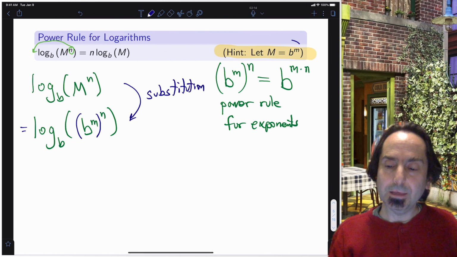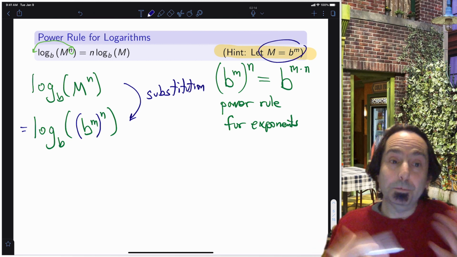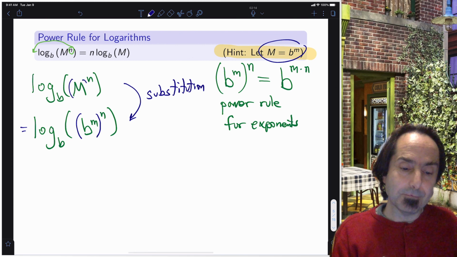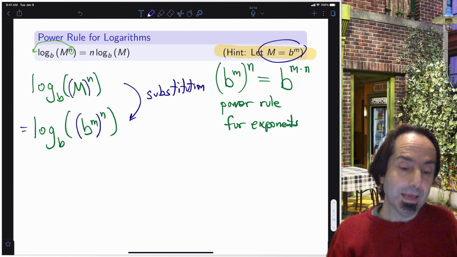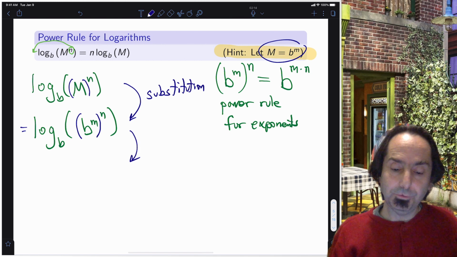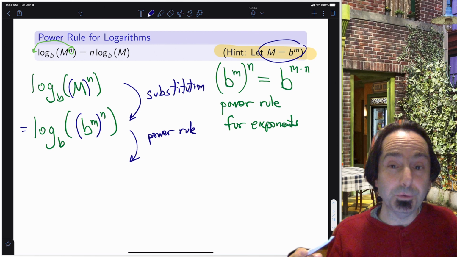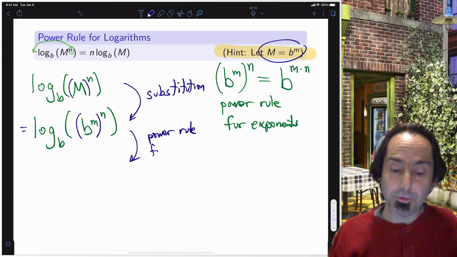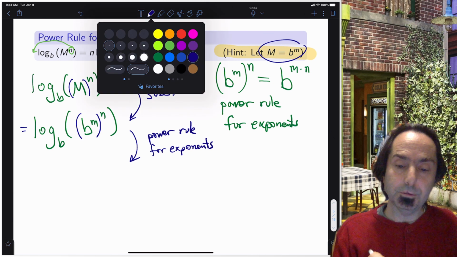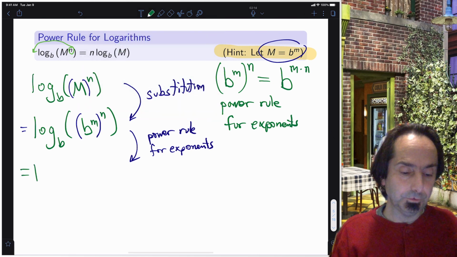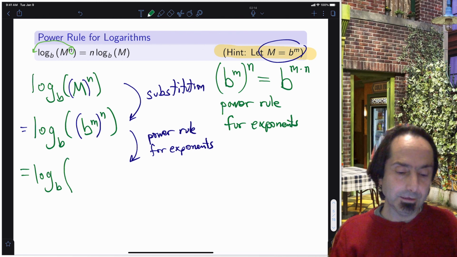Since b to the m and M are equal, I can replace M by b to the little m. And now I'm going to use the power rule, not for logarithms because that would be circular reasoning. I'm going to use the power rule for exponents. So here we go. This is equal to log base b of b to the m times n.